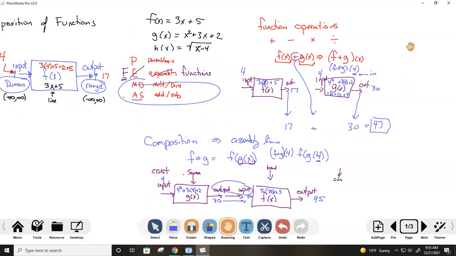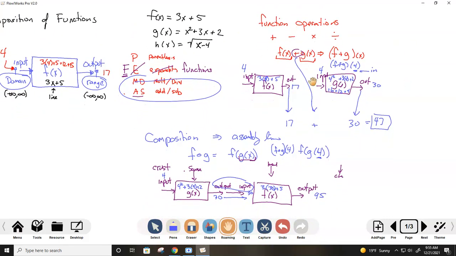When you're doing the operations, you do each function separately and then deal with their outputs. When you're doing the composition, it's an assembly line. You do one function, you plug the input into just one function, you get that output, and you plug that as the input into the next function to finally get your final output.